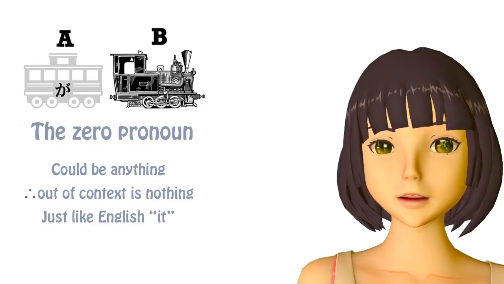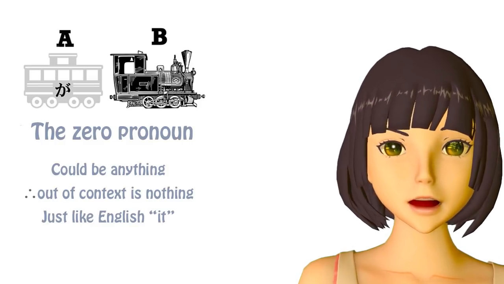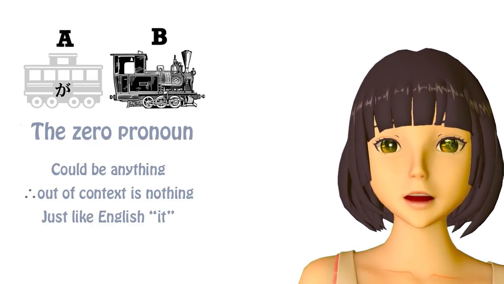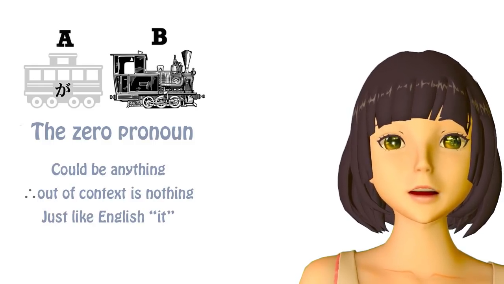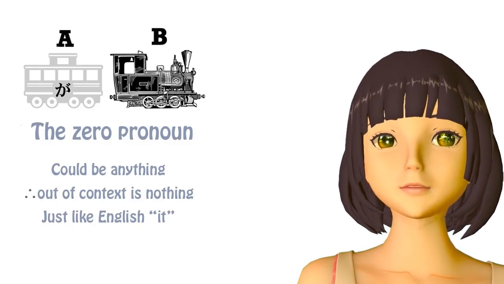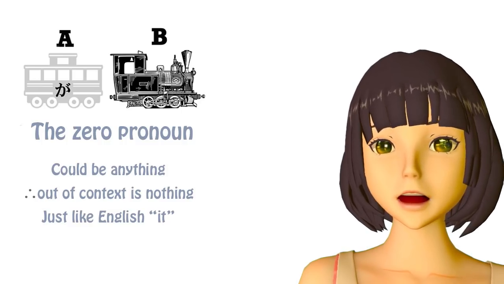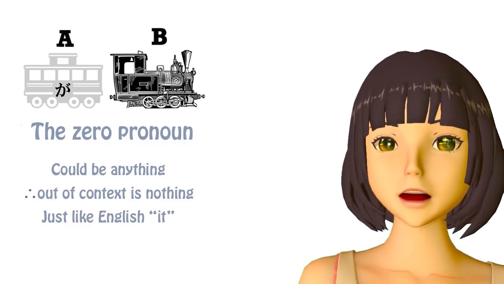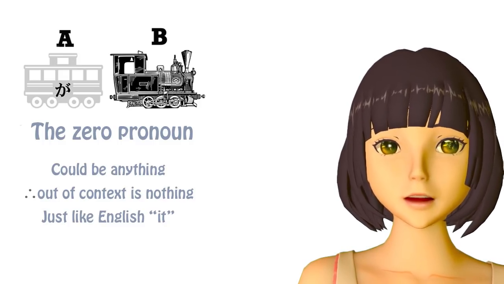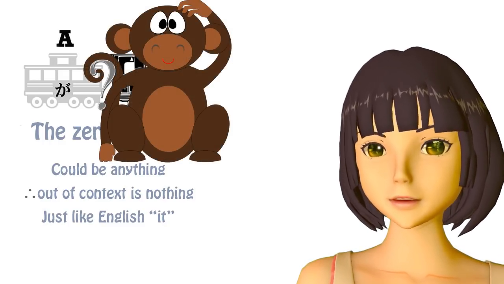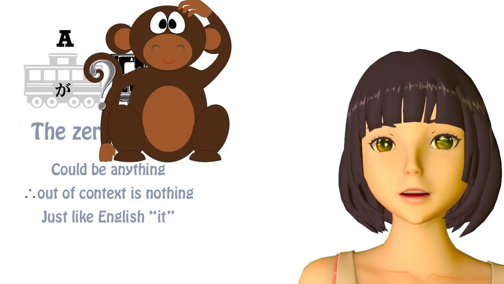Now, I've explained before that the Japanese invisible pronoun or zero pronoun is no more confusing than English "it". The word "it" could mean the Andromeda Galaxy, it could mean a tree, it could mean my kneecap. I do have kneecaps. It could mean a chimpanzee's tail, assuming chimpanzees do have tails.